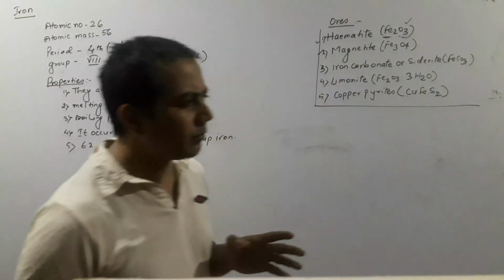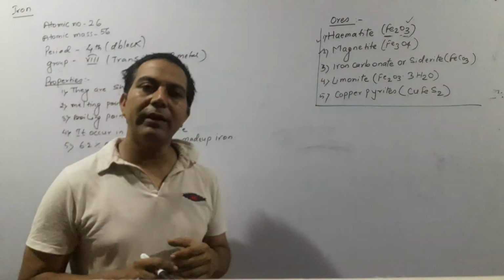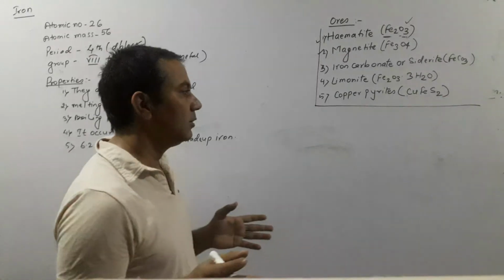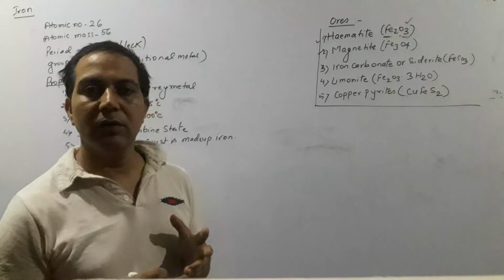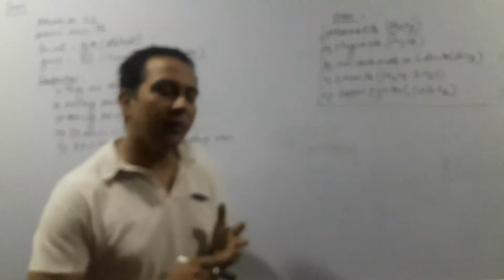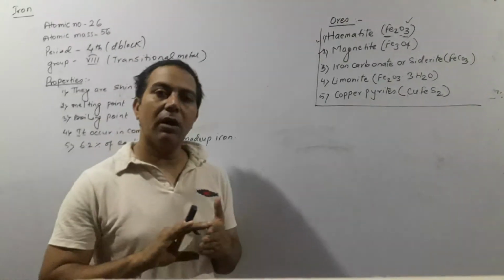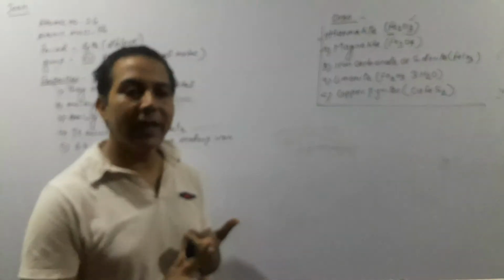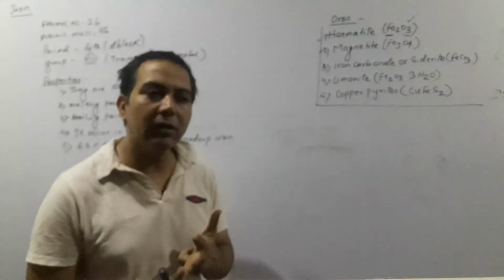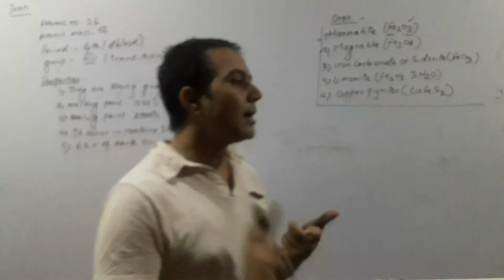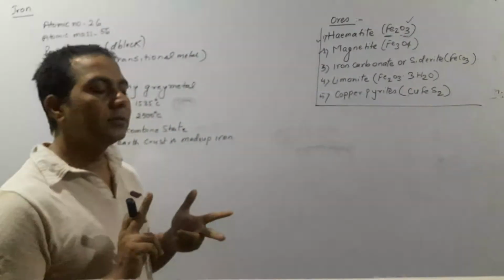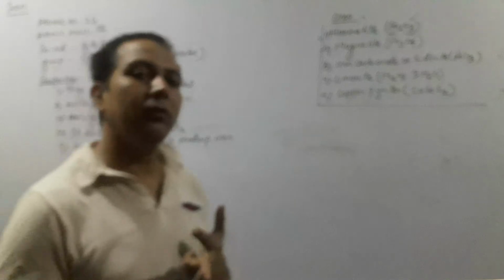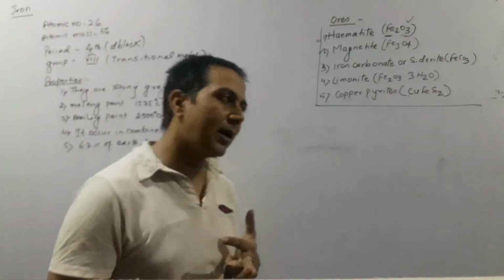So we come to know that iron is used in our daily life. It is mostly two types, and steel is also made from the iron. One is the cast iron and the other one is the wrought iron. Cast iron contains large amount of carbon, whereas wrought iron contains less amount of carbon.